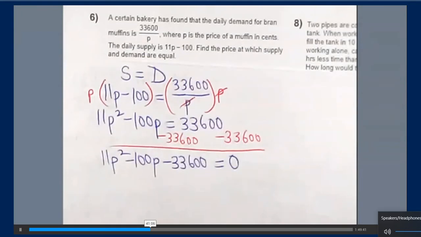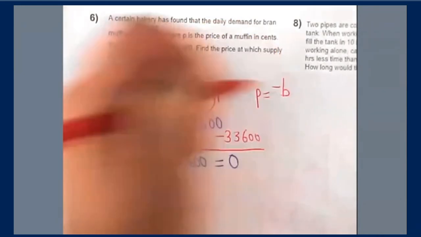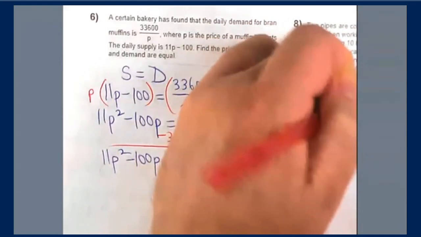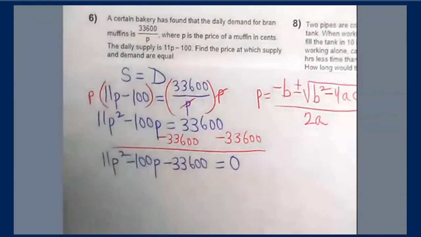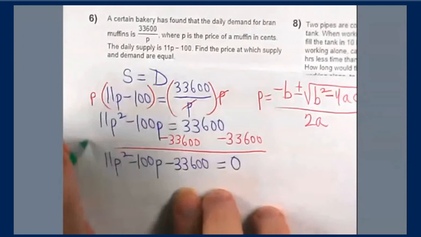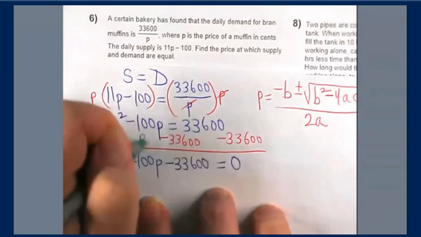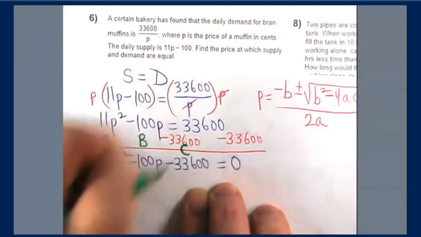So the quadratic formula is P equal to negative B plus or minus the square root of B squared minus 4AC all over 2 times A. In which A is 11, B is negative 100, and C is negative 33,600.